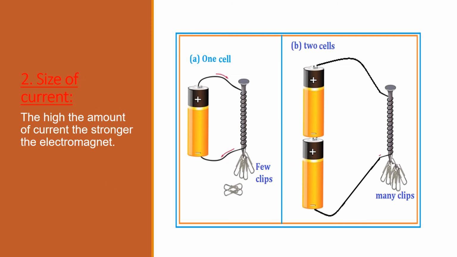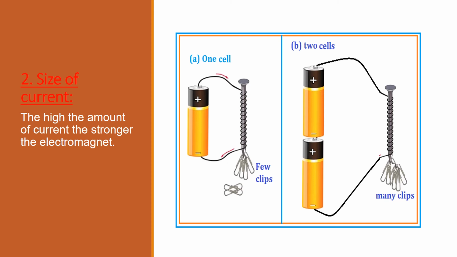Another way that you can increase the strength of an electromagnet is by increasing the current in the solenoid. So the higher the current, the stronger the electromagnet. If you use one cell and make an electromagnet as shown in figure A, it will be able to attract few paper clips.